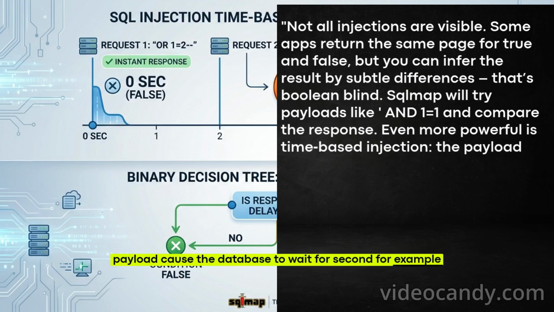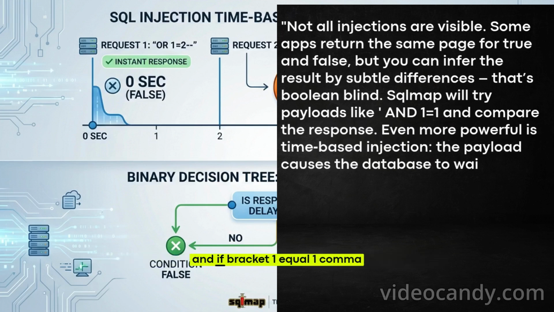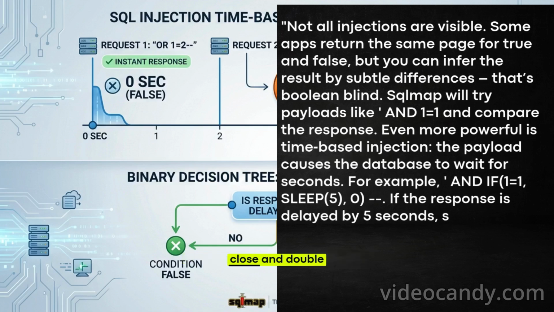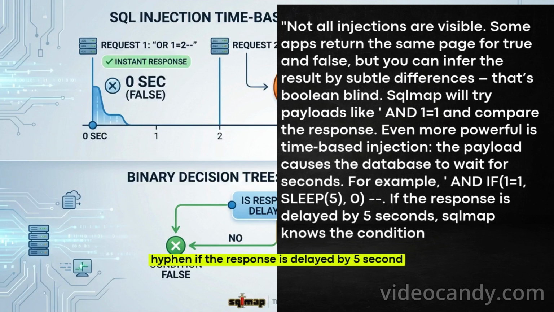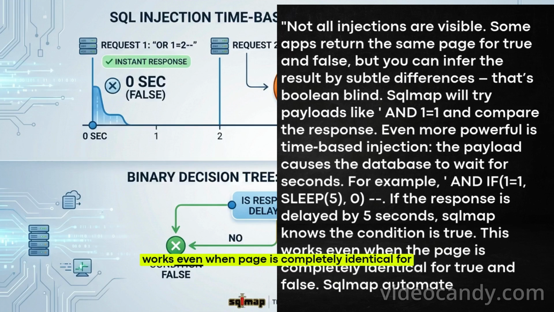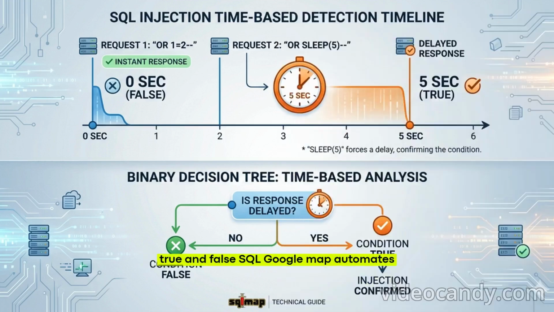For example, AND IF(1=1, SLEEP(5), 0) followed by double hyphen. If the response is delayed by 5 seconds, SQL Map knows the condition is true. This works even when the page is completely identical for true and false. SQL Map automates all this guessing for you.